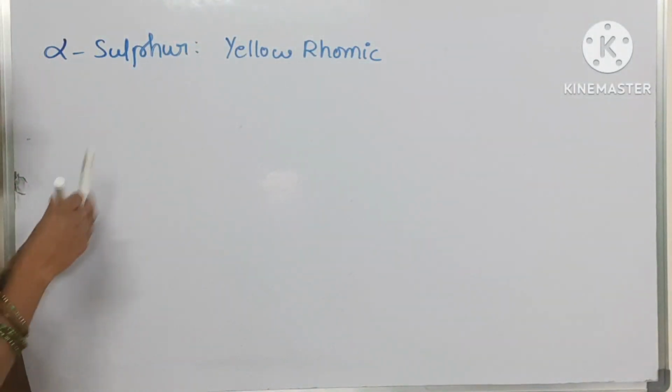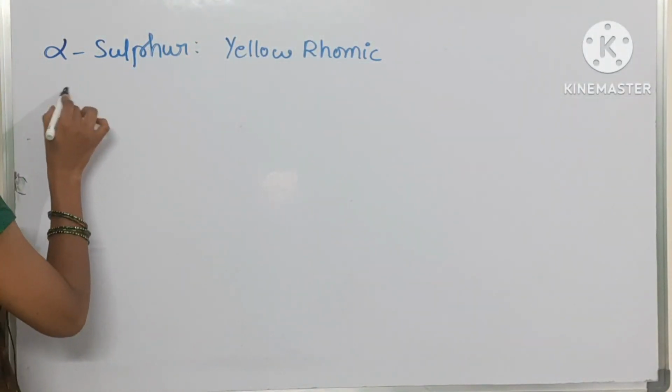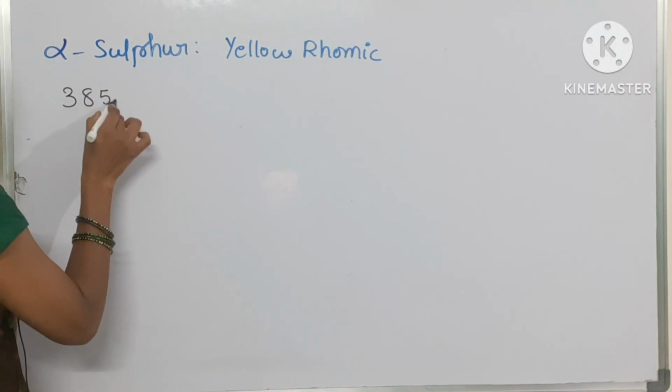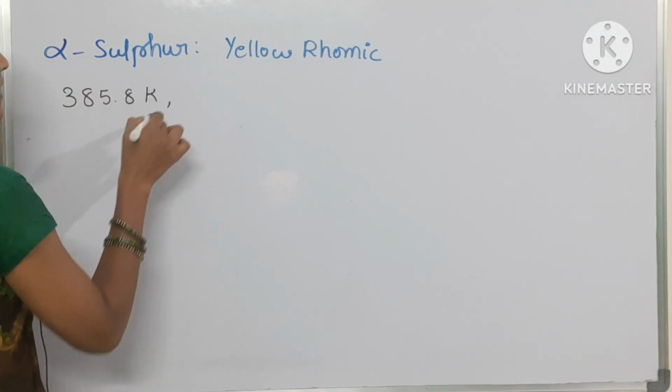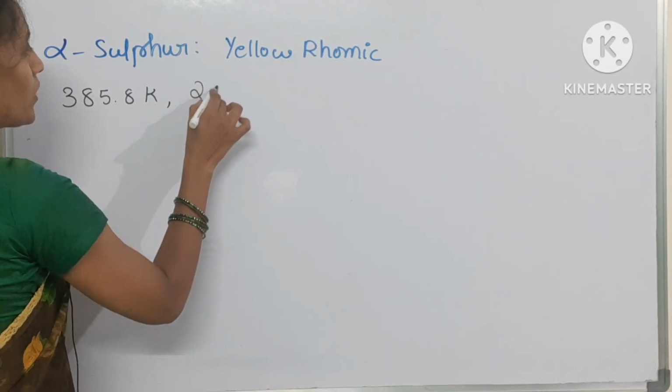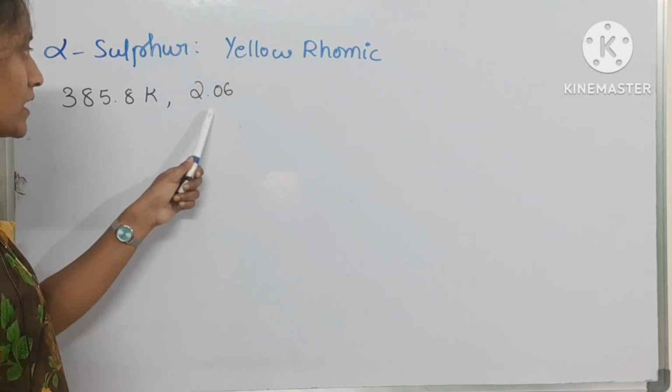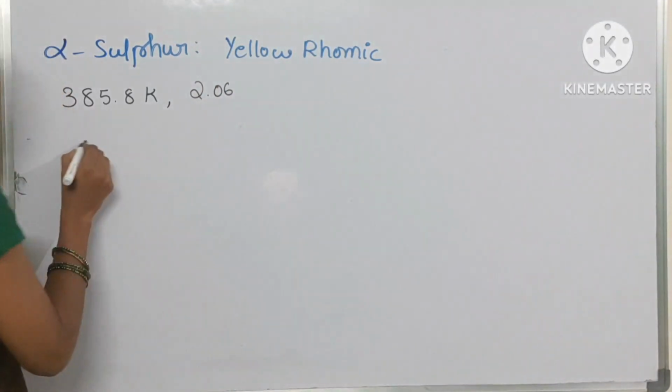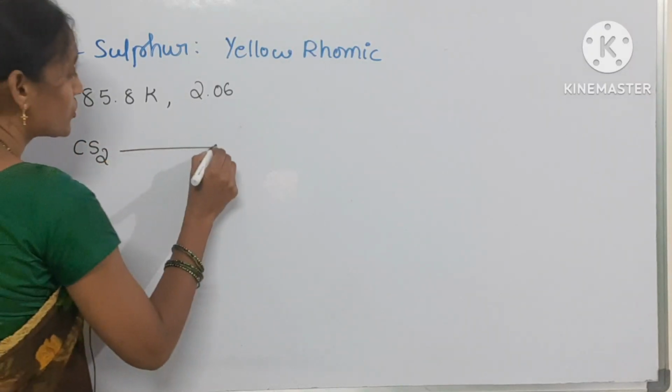Okay, its melting point is 385.8 Kelvin. Its specific gravity is 2.06. It is formed from the evaporation of carbon disulfide solution.